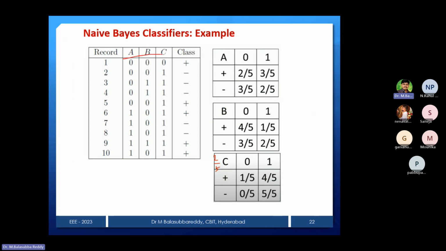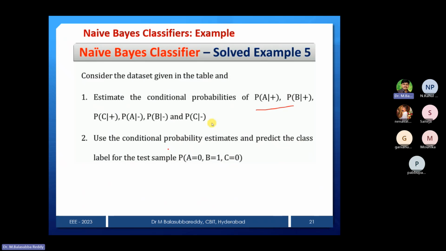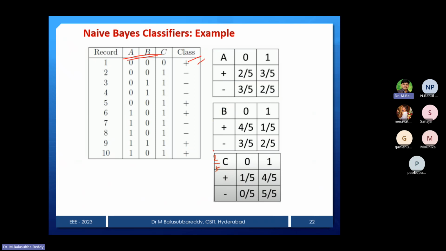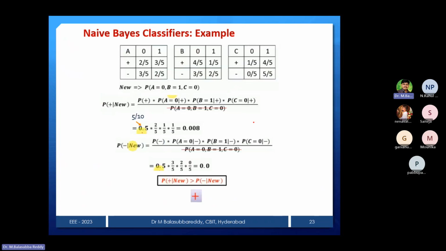These are the features A, B, C and the class is plus or minus. For a new instance given like this, they may ask you to find whether the class is positive or negative. Again, the outcome is based on positive or negative, getting zeros and getting ones. You can divide the probability and compare the data.